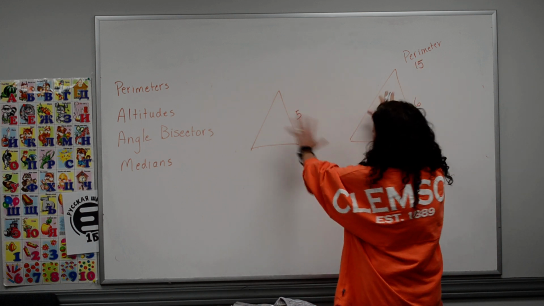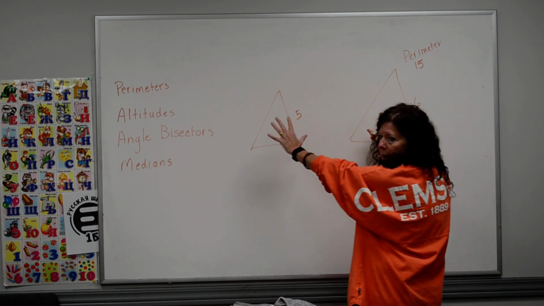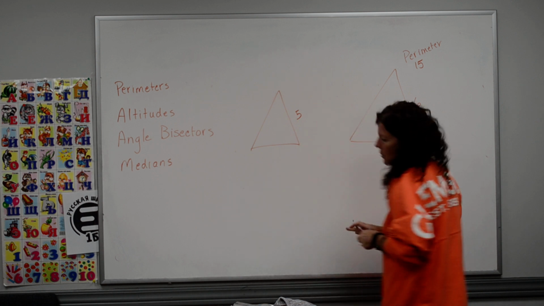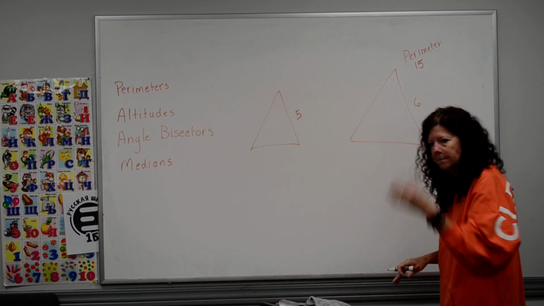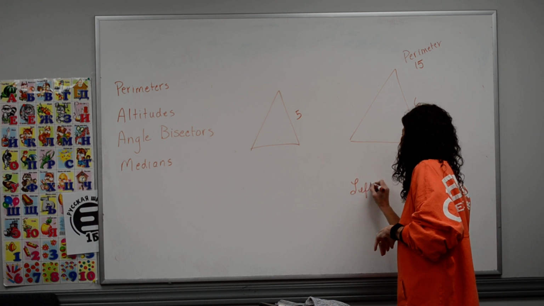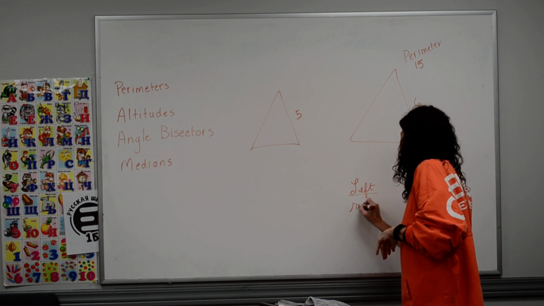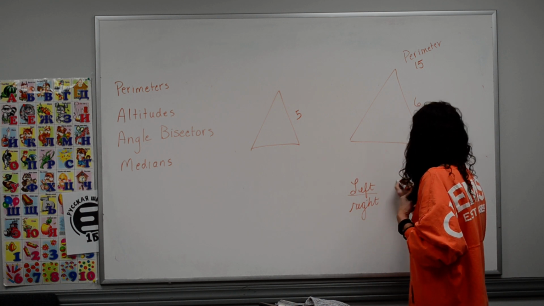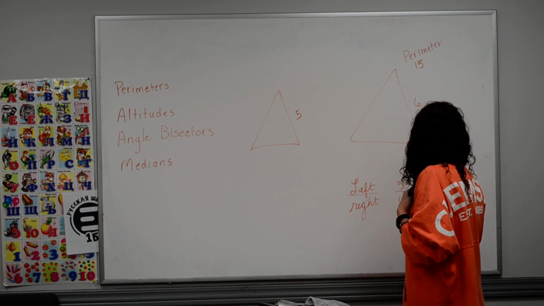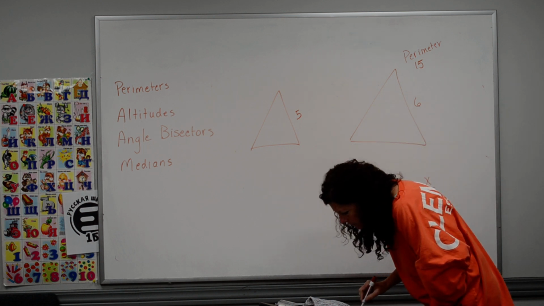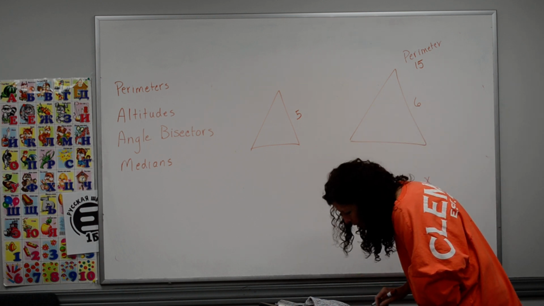Now, they're set up so that they're similar the way that they stand. Nothing's turned or anything. So find the perimeter of the triangle on the left. What you got? 12.5? Yep, absolutely.